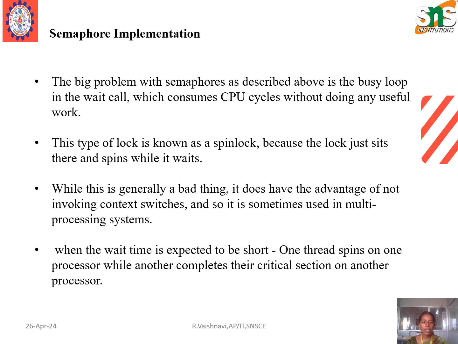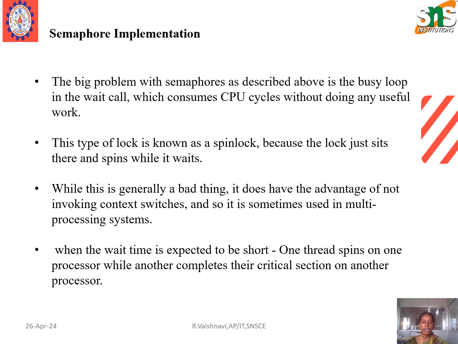Next one, semaphore implementation. The big problem with the semaphores described above is the busy loop in the wait call, which consumes CPU cycles without doing any useful work. This type of lock is known as a spin lock, because the lock just sits there and spins while it waits.